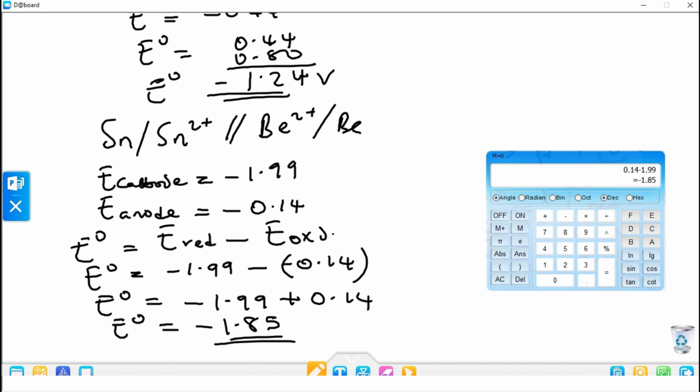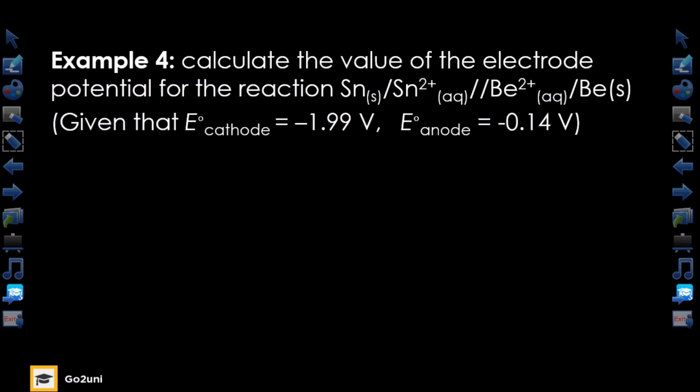The reaction won't be spontaneous, because for E to be spontaneous, these values have to be positive. So that is how to calculate our values for E, our electromotive force, or our electropotential. We are done with that.